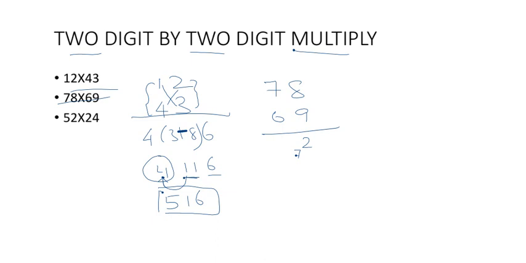Here we will be getting the crosswise point in the next step. So it is 63, 7 nines are 63, plus 6 eights are 48. So the value will be 60 plus 40 is 100, plus 3 plus 8 is 11. So 111, and we have this extra 7 over here. Therefore the answer is 118.